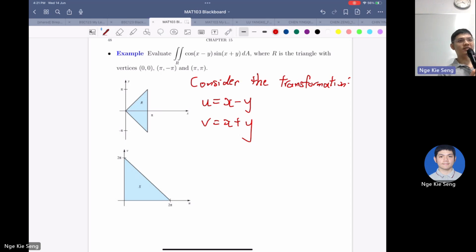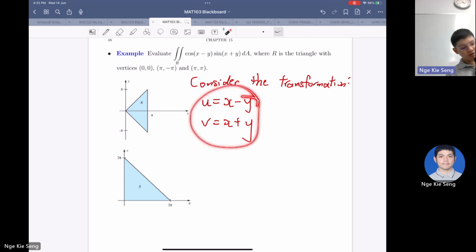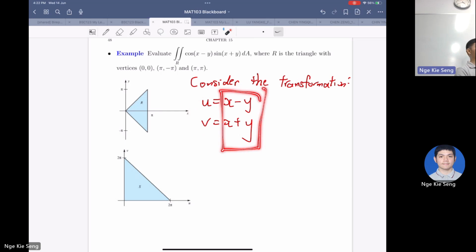You can show that it is. One way to check is that these two are not scalar multiples of each other. Because this is the two-variable case, it's easier: as long as they are not scalar multiples of each other, they are linearly independent.